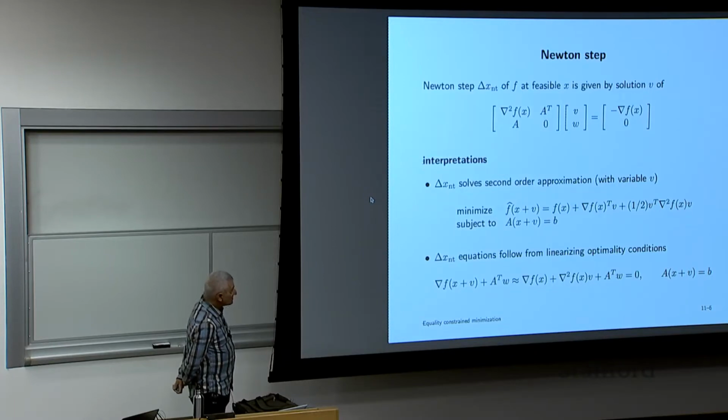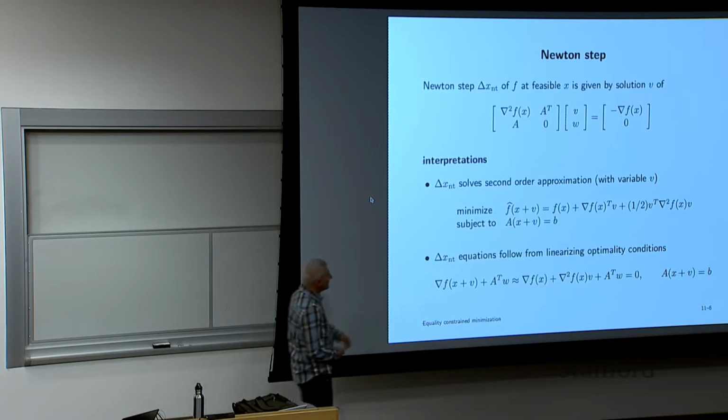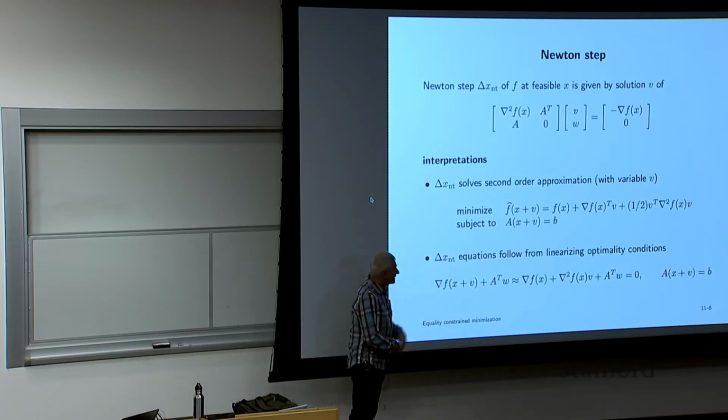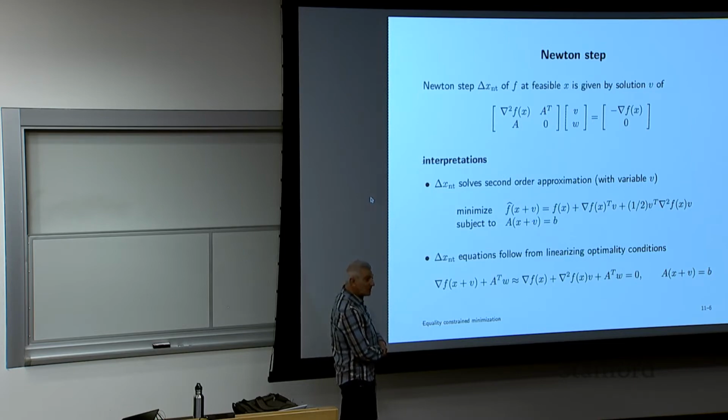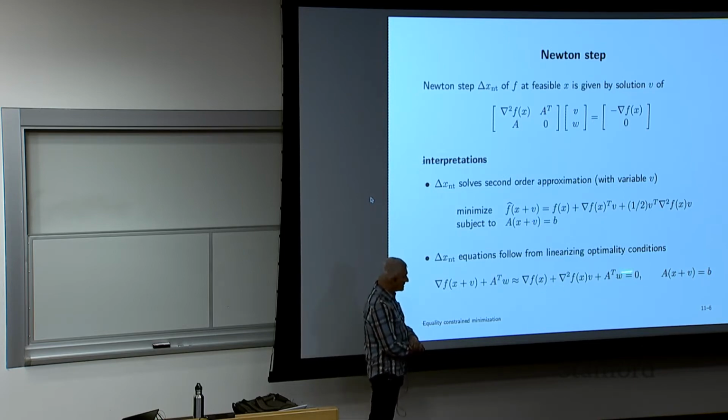Another interpretation is pretty cool: this Newton step actually comes from linearizing the optimality conditions. One of the optimality conditions is already linear, right? So no linearization is needed here. It's already just a set of linear equations, right? This one is going to have to be approximated, right?